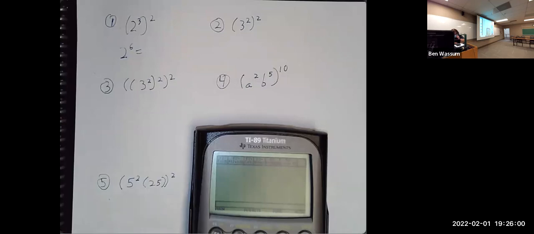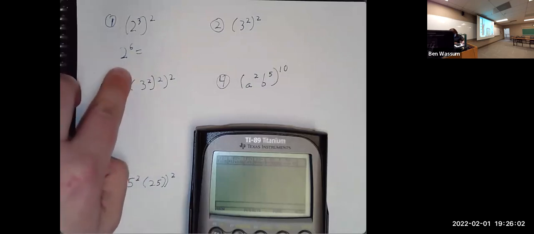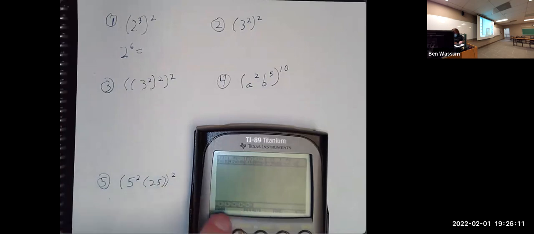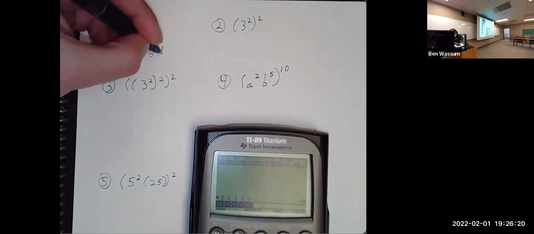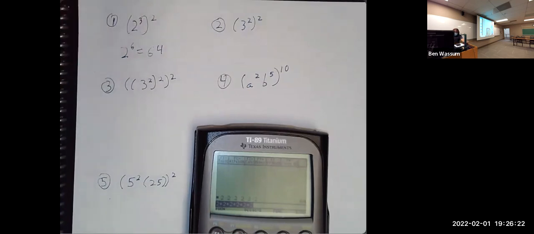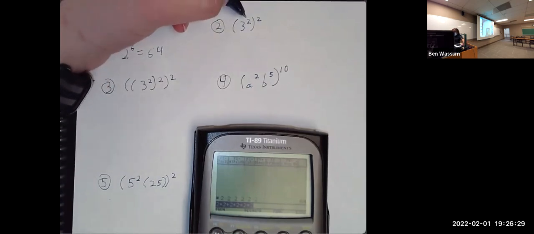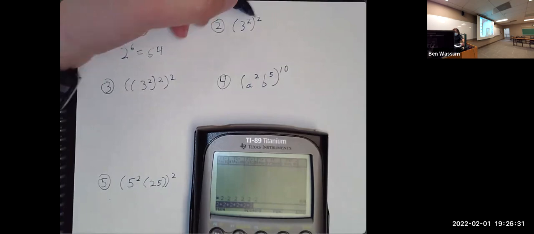All right. So 2 to the 6th power. That we can do, right? 2 times 2 times 2 times 2 times 2 times 2. And if you recognize what some of those 2's together are, you can shortcut them, doesn't matter. But we end up with 64. Likewise, same sort of thing happens over here. 3 squared squared.